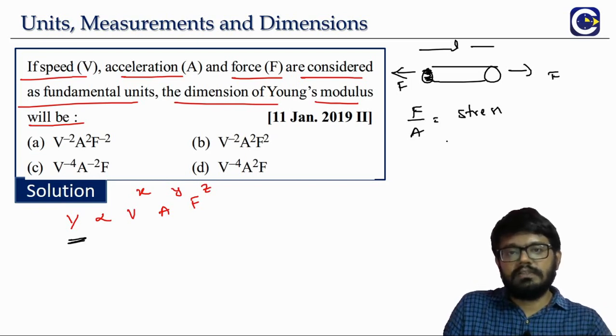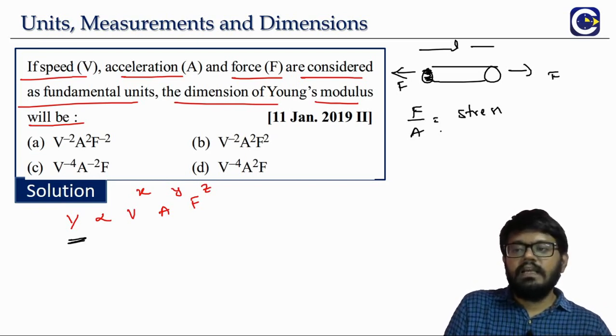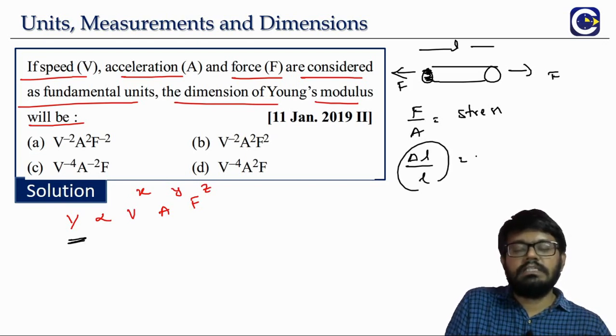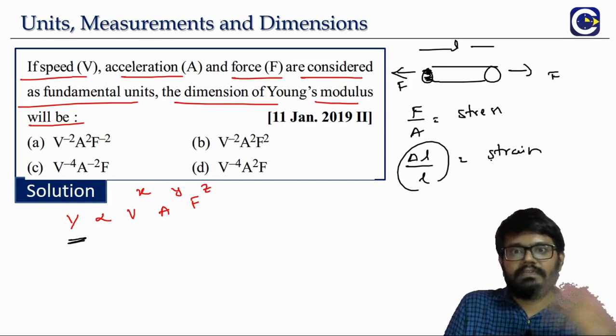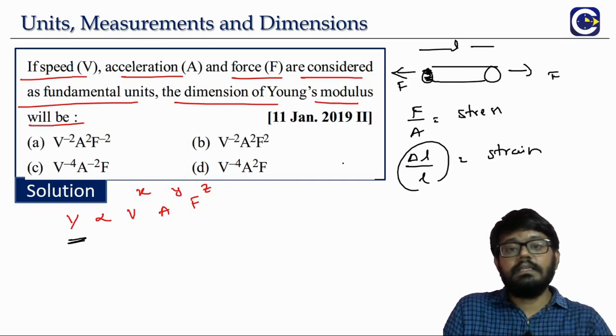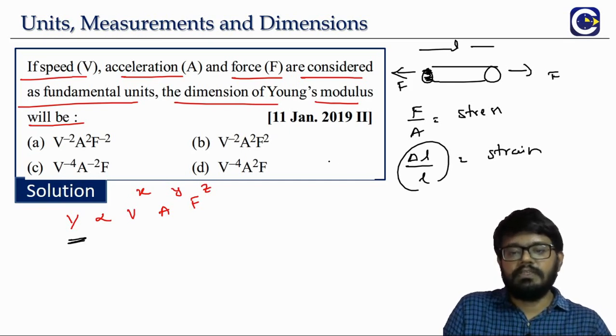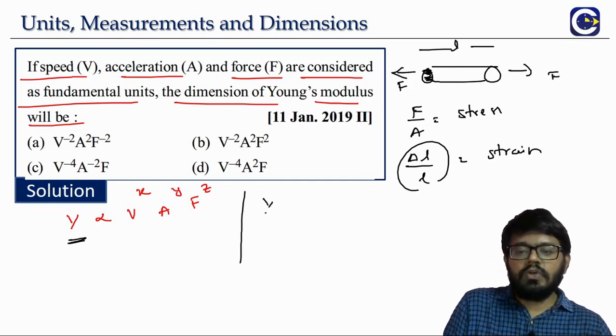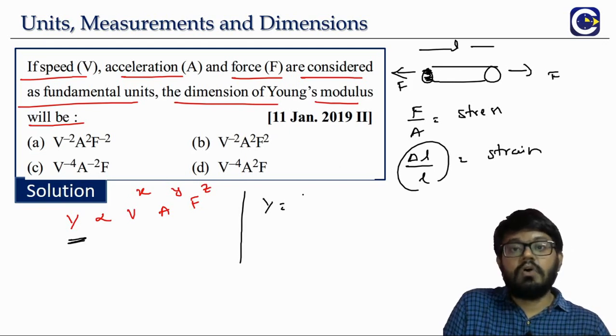It is like the cause, we apply the stress. As a result of it, if the change in length is delta L, the ratio of change in length by original length is what we will be referring to as strain. So we have stress, we have strain. This is basically the case of longitudinal deformation. The ratio of stress by strain is called the modulus of elasticity.